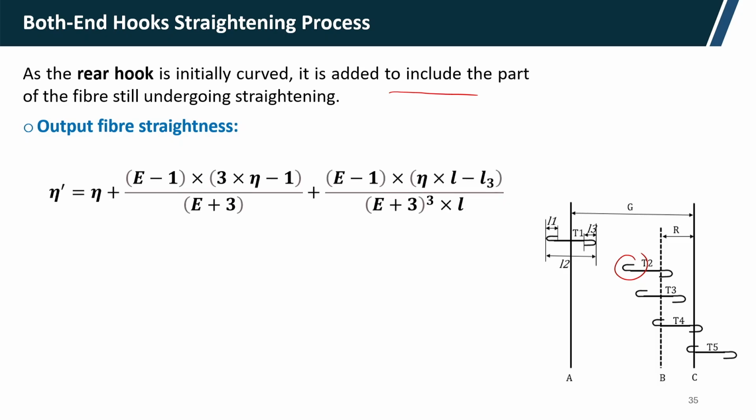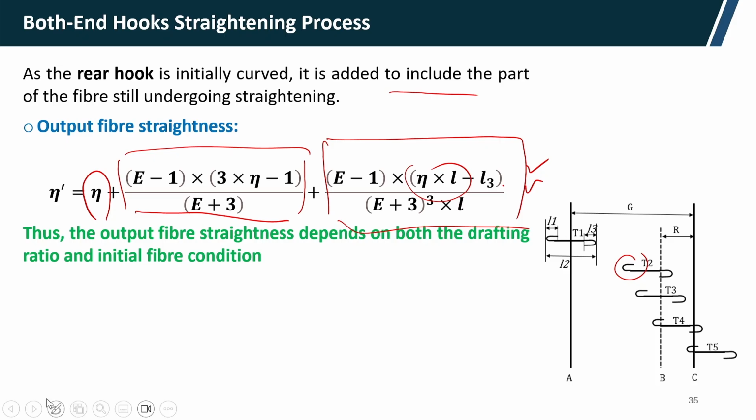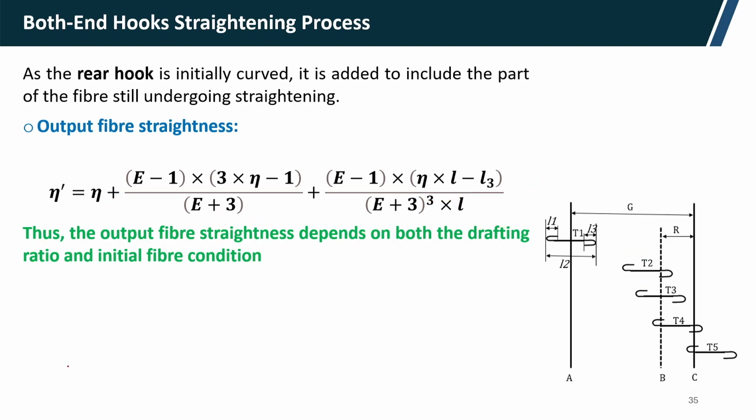So, the output fiber straightness will be given by this equation: eta dash, the output fiber straightness, equals input fiber straightness divided by E minus 1 multiplied by 3 eta minus 1 by E plus 3, this is part 1, plus part 2, which is E minus 1 multiplied by 3 eta, L minus L3 divided by E minus 3 cube multiplied by L. This equation is derived, and we are not going to go for the detailed derivation.